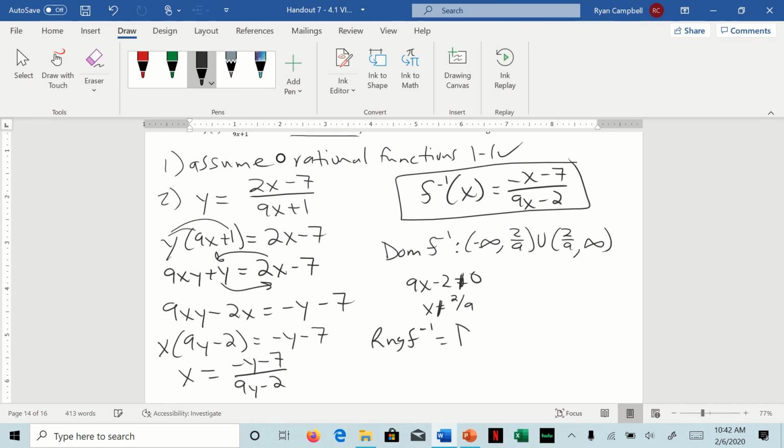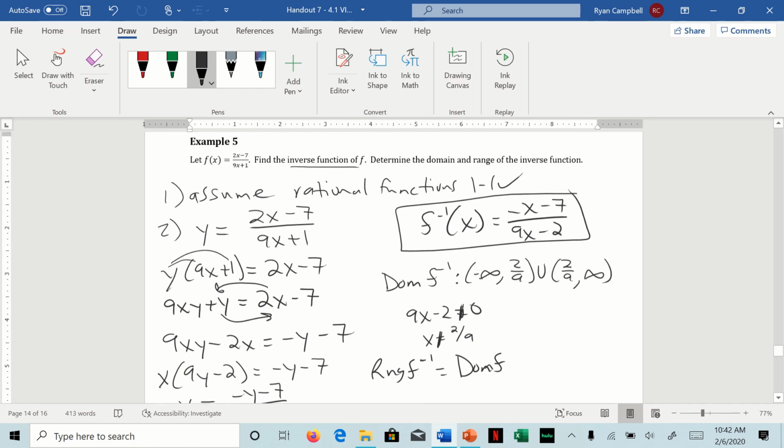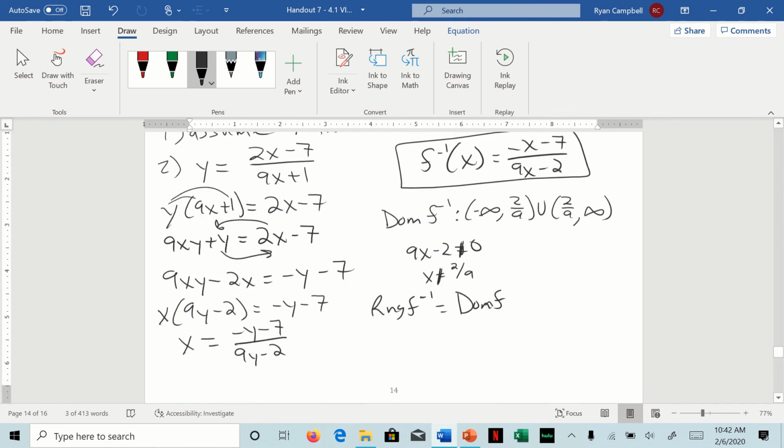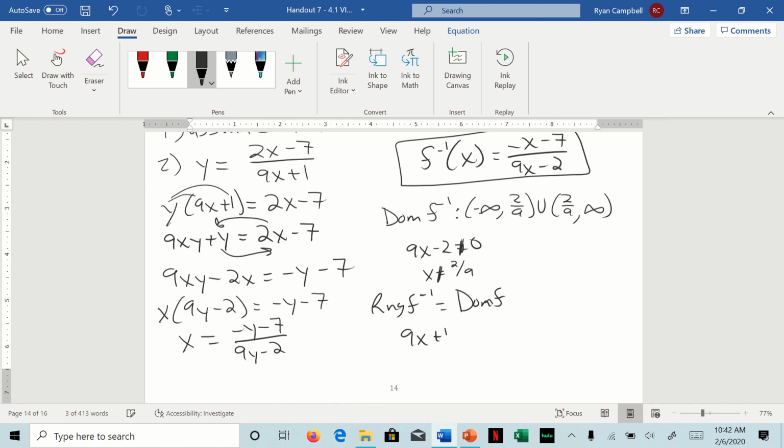So again, remember that's just finding the domain of the original. Since the original has 9x plus 1 in the denominator, we need to solve 9x plus 1 equals 0. We see that x is going to be negative 1/9. So that means the range is negative infinity to negative 1/9, and negative 1/9 to infinity.